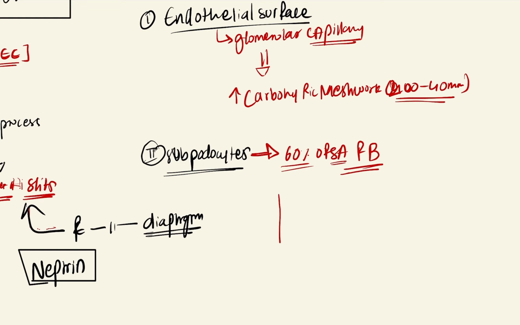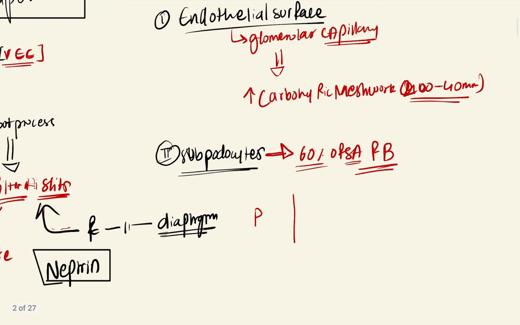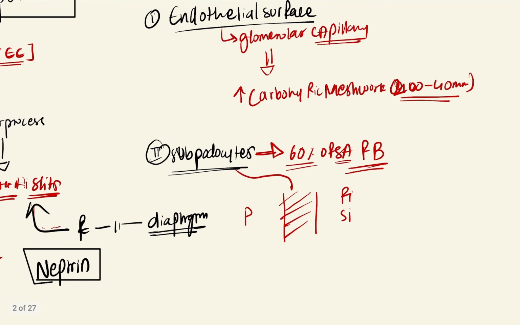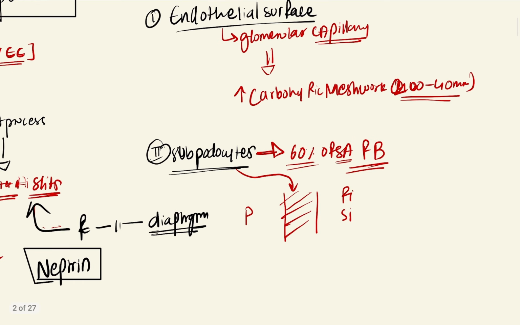So on one side there are podocytes, and on the other side there is the filtration slit diaphragm. The space in between is what we call the subpodocyte space. That's all.